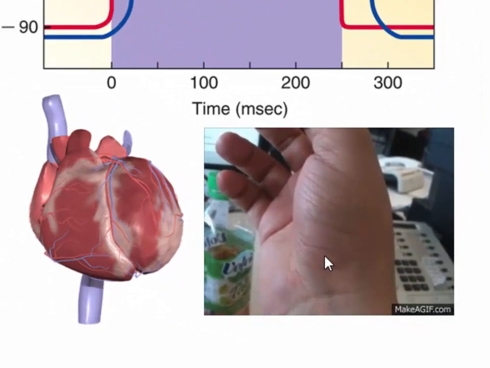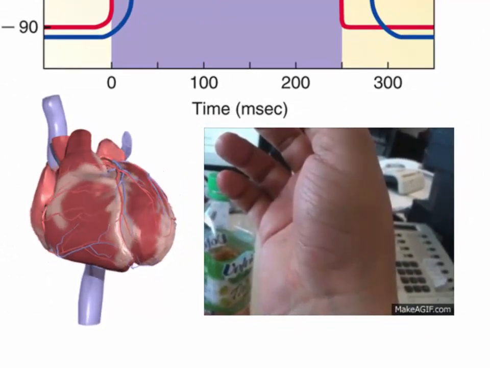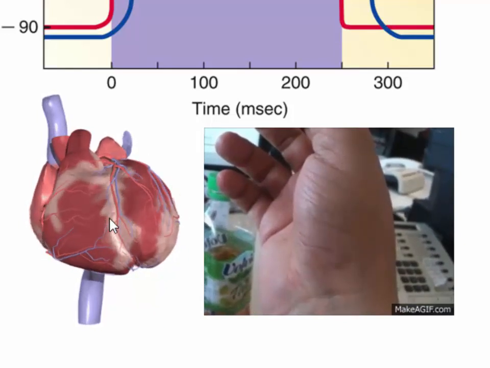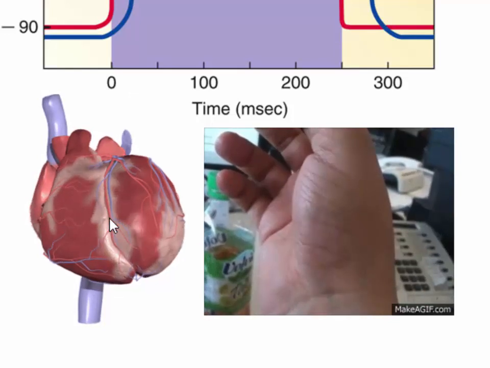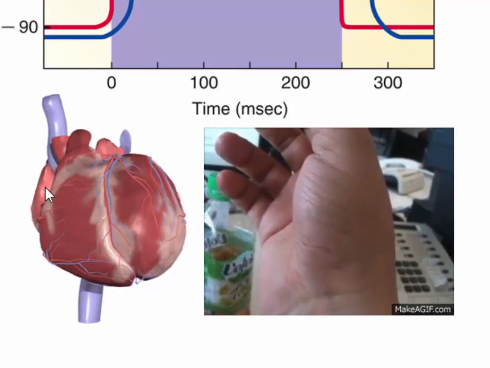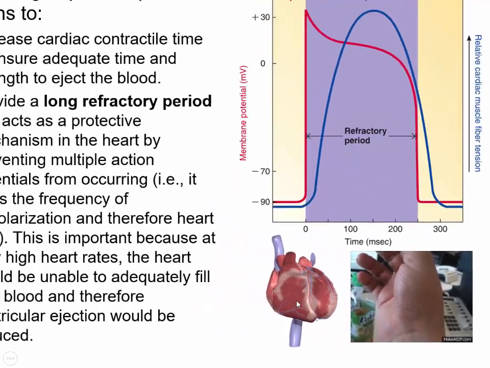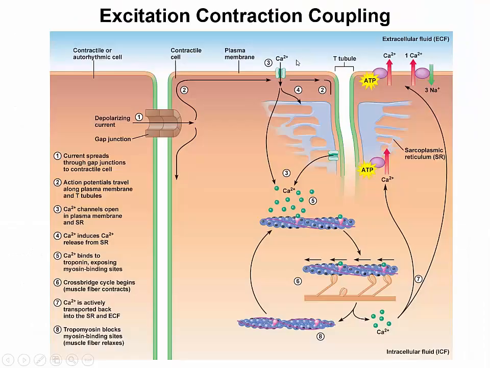It just wouldn't have a long enough contraction. So having this plateau phase where calcium is coming in is going to cause these contractile cells to contract for a longer period of time. That's going to allow time for blood to move from the atria into the ventricles, and then the ventricles are going to pump out that blood. Because remember, during that time, calcium is coming in from the extracellular fluid in that plateau phase and stimulating calcium to be released from the sarcoplasmic reticulum.